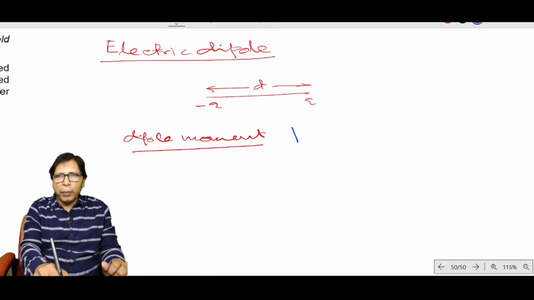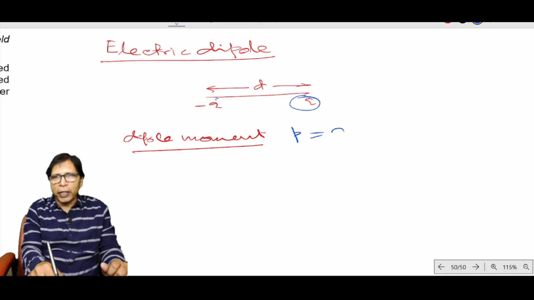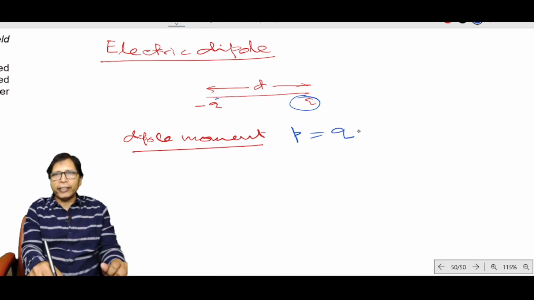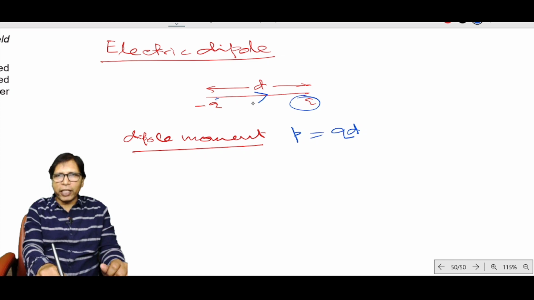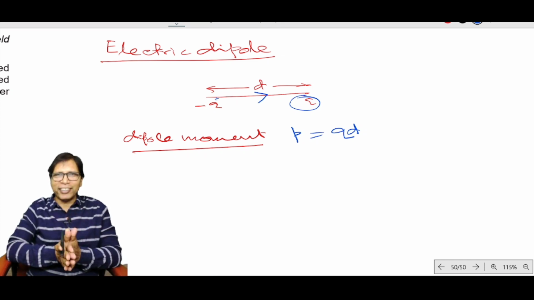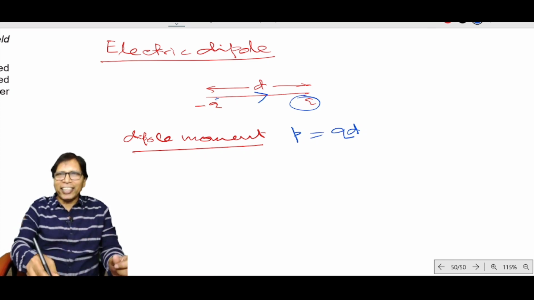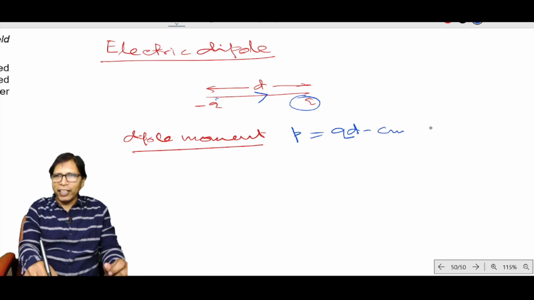The dipole moment P is the product of the magnitude of a charge and their distance of separation between the two charges. So dipole moment is Q into d. It is a vector quantity directed from negative charge to positive charge. Its unit is coulomb meter and dimension A T L.